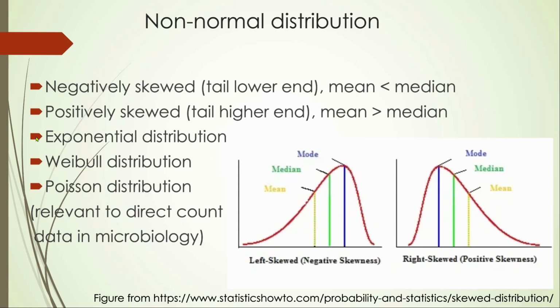You also have exponential, Weibull, and Poisson distribution. These are all non-normal distributions. For microbiology, when we are doing direct counts, we are interested in the Poisson distribution.